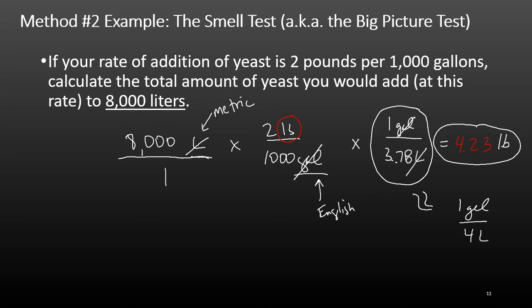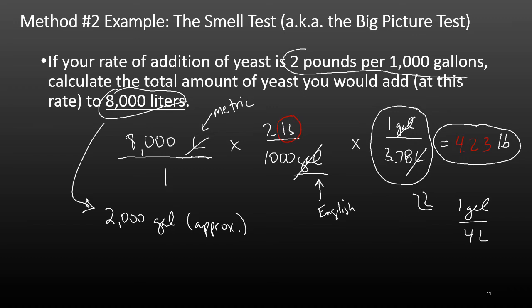All right, so if I'm just rounding in my head to do the big picture test, I would say 1 gallon equals 4 liters. So if I've got 8,000 liters, if I divide that by 4, that gives me the number of gallons. So that's about 2,000 gallons, right? Approximately. This is, again, just trying to do the big picture test to make sure we're close. So it's approximately 2,000 gallons, and it's 2 pounds per 1,000 gallons.